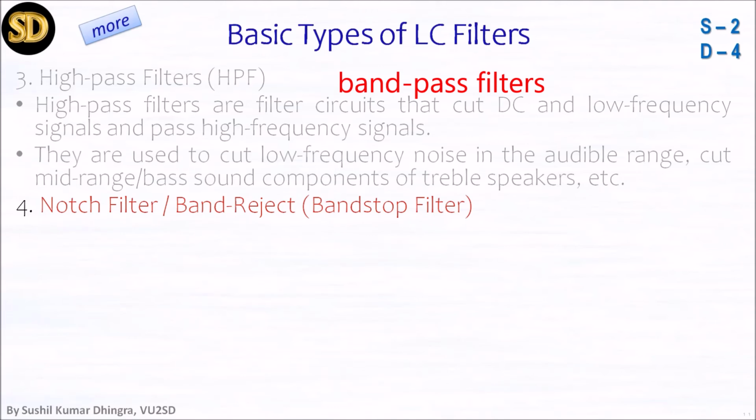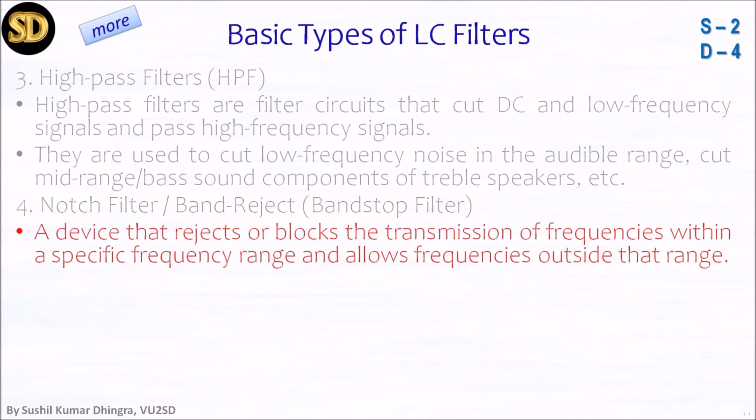And the fourth is the notch filter or band reject. Opposite to the band pass, it is the band reject or band stop filter. This device rejects or blocks the transmission of frequencies within a specific frequency range and allows frequencies outside that range.